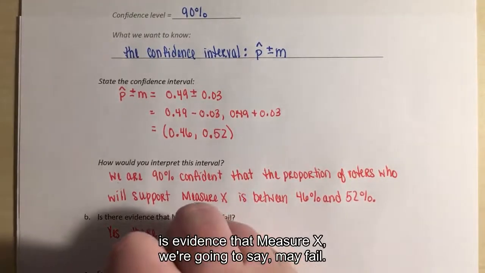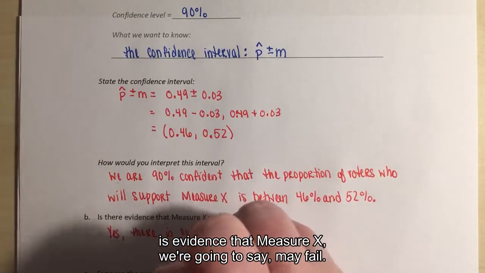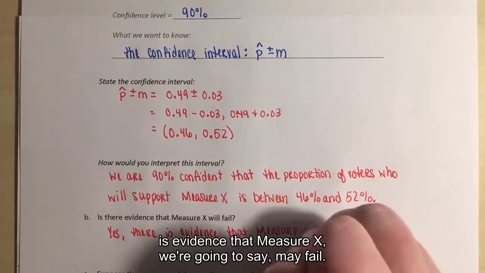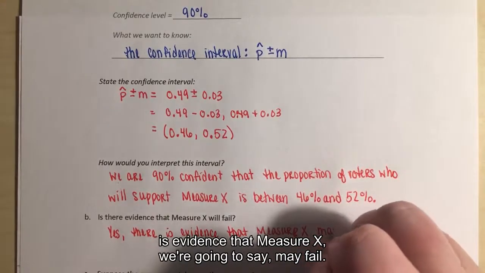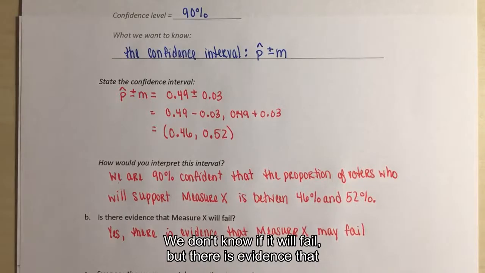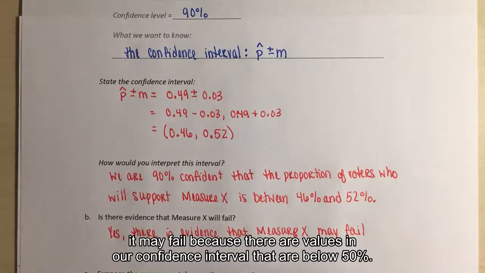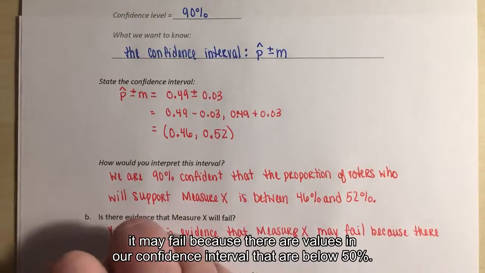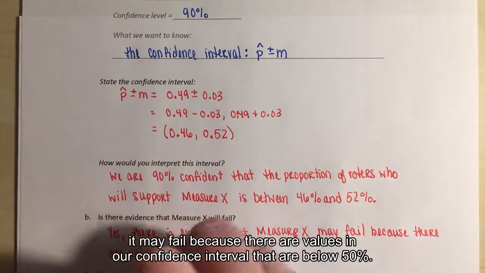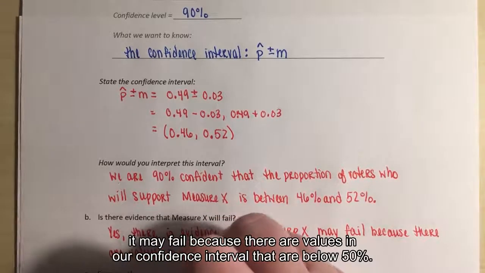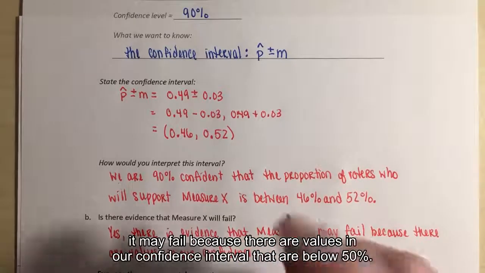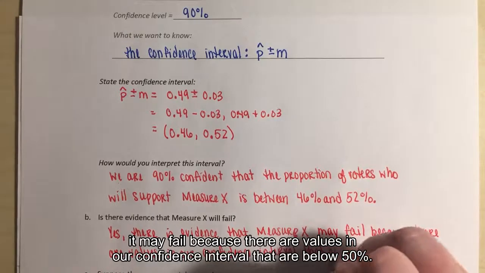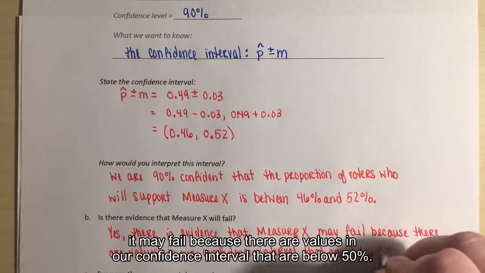There is evidence that Measure X we're going to say may fail, so we don't know if it will fail, but there is evidence that it may fail because there are values in our confidence interval that are below 50%.